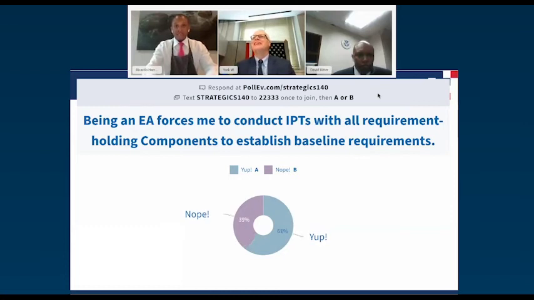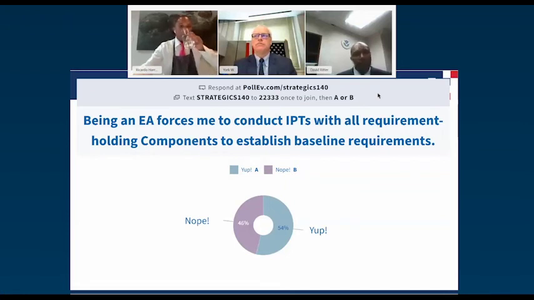Not a problem. One of the great things, Ricardo, about working on a department-wide effort, we don't have multiple IPTs. We generally have a single IPT, and one of the keys is to make sure we have representation across the DHS components, so that you're getting the input from all of the end users of the requirement, and to make sure that when we put it in place that we're going to satisfy the needs of the department.